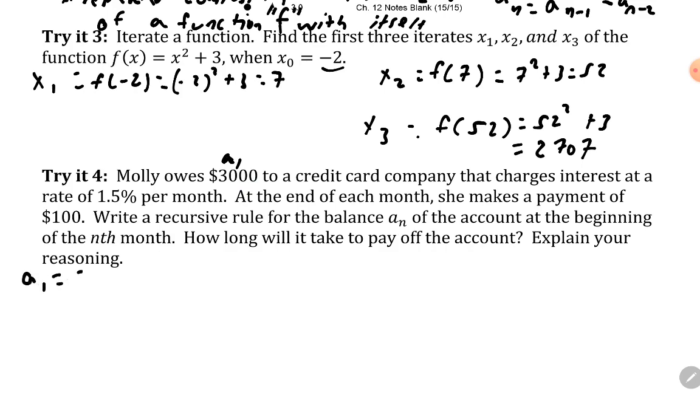So A1 equals 3,000. And how we represent our interest rate of 1.5% is 0.015.